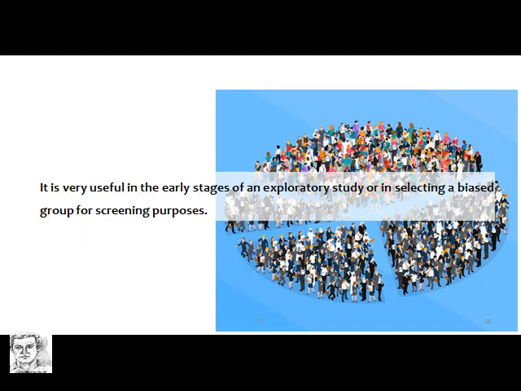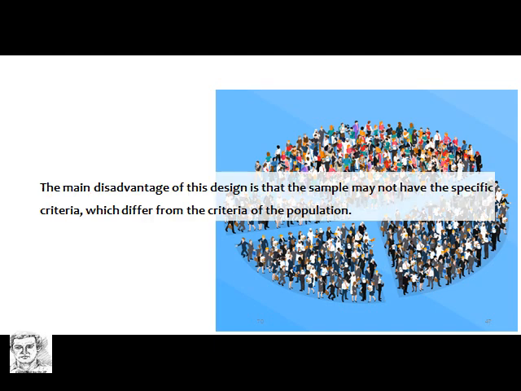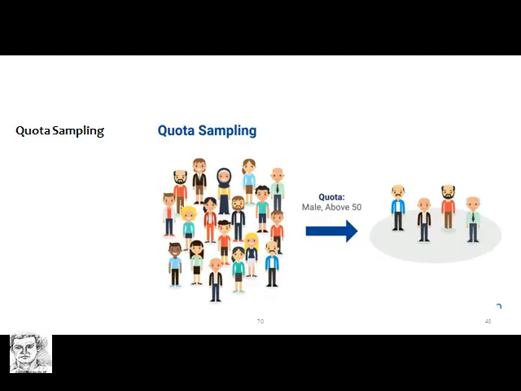It is very useful in the early stages of an exploratory study or in selecting a biased group for screening purposes. The main disadvantage of this design is that the sample may have specific criteria which differ from the criteria of the population.